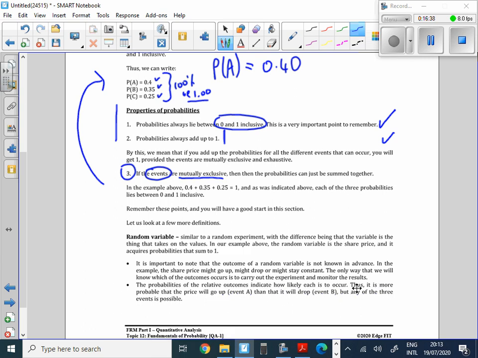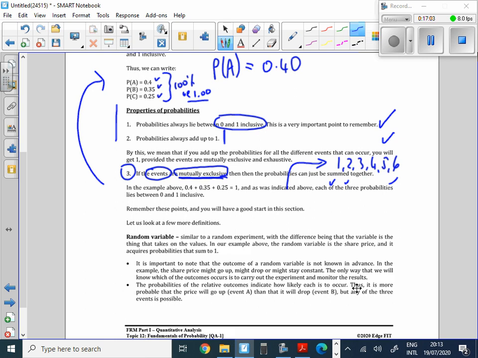When you're rolling a dice, the outcomes are mutually exclusive. Why? Because it can only be a 1, a 2, a 3, a 4, a 5, or a 6. When you roll a dice, it can't be a 1 and a 6, or a 1 and a 2. It can only be one or the other. In other words, my 6 events over here are all mutually exclusive.